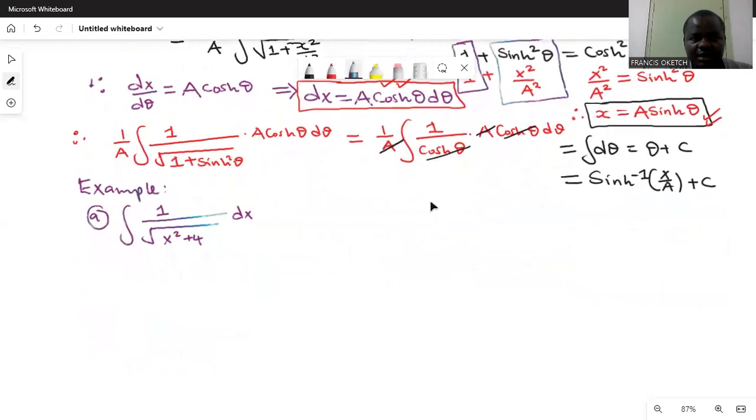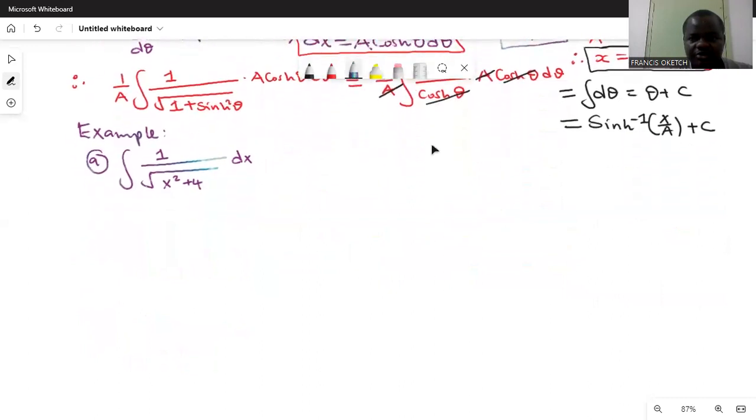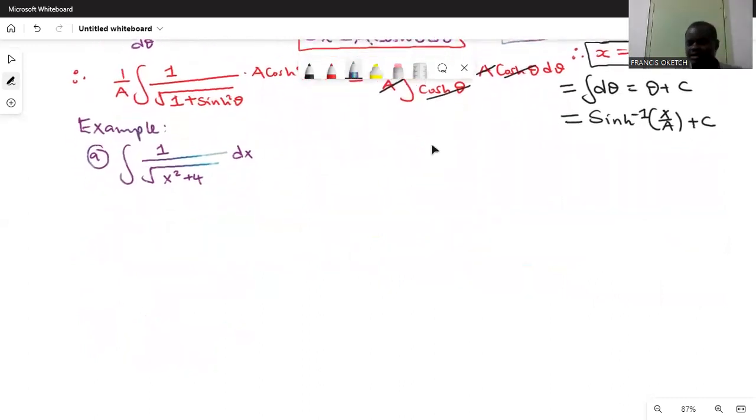For you to be able to solve it, you must start by noting that here our a squared is equal to 4. So in this case, it means that our a must be equal to 2. So what is the substitution in this case?